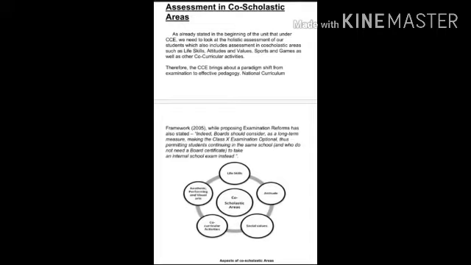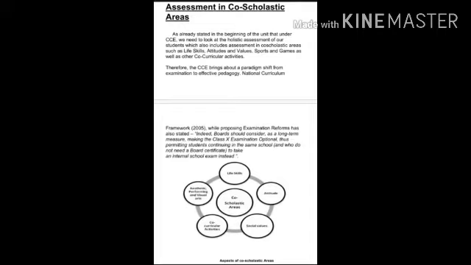A number of national committees and commissions in the past have consistently made recommendations regarding reducing emphasis on external examination and encouraging internal assessment through school-based continuous and comprehensive evaluation. Therefore, the CCE brings about a paradigm shift from examination to effective pedagogy.